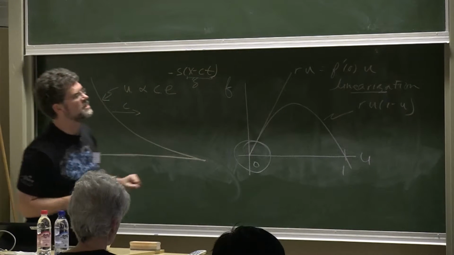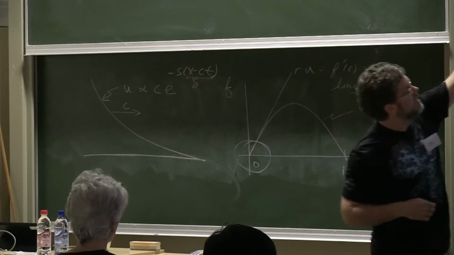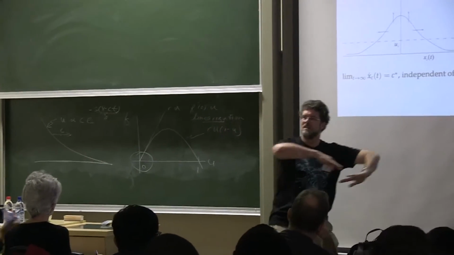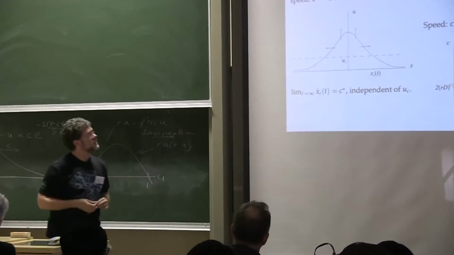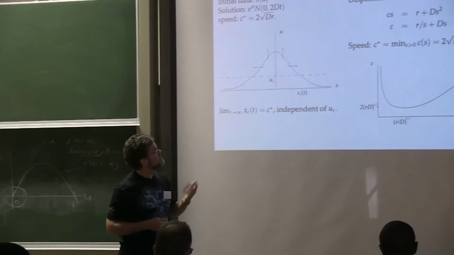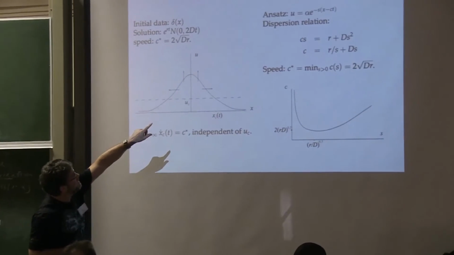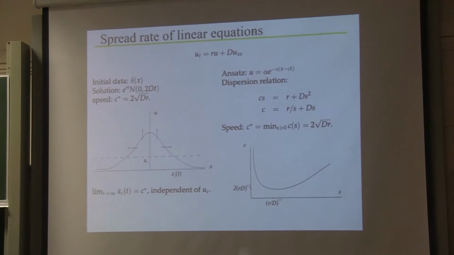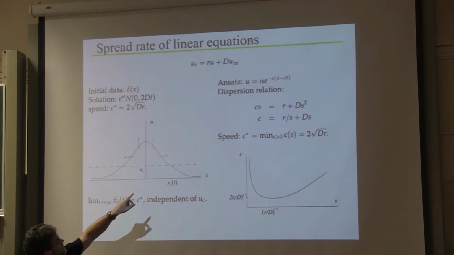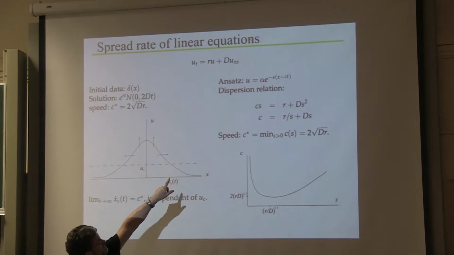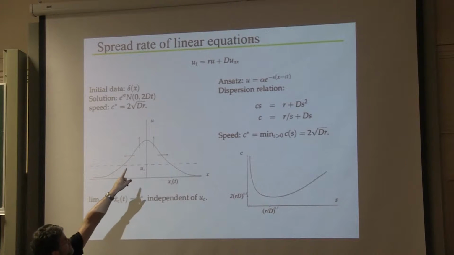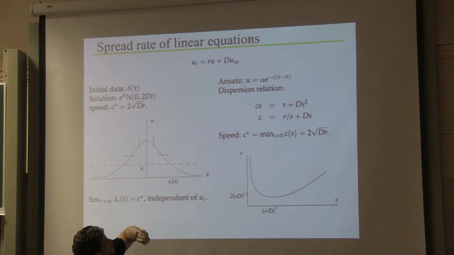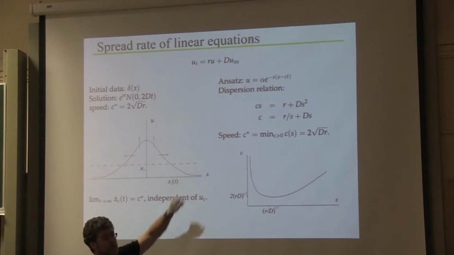Okay, so we have this linear equation, and then we put in that traveling wave ansatz and look for a solution that's spreading like that. When we calculate du/dt, we pull down a c times an s, and then we have an r times u. When we calculate u_xx, we pull down an s squared.